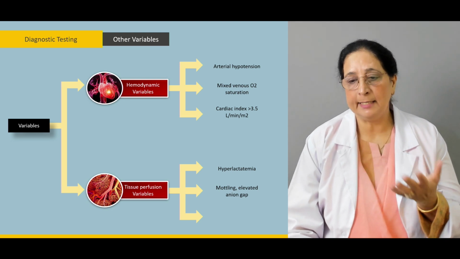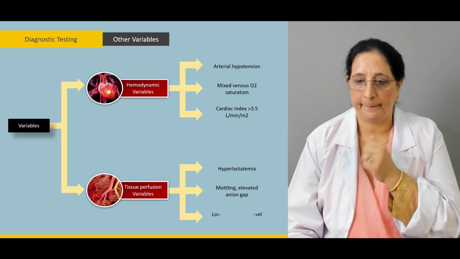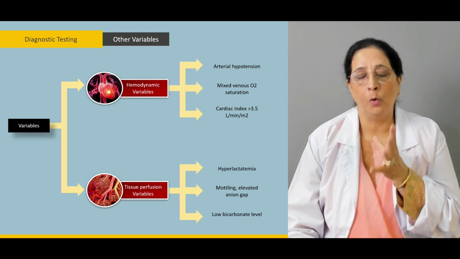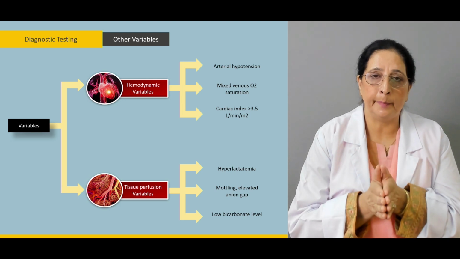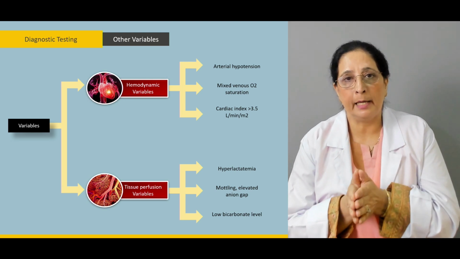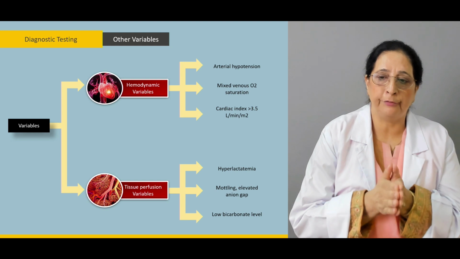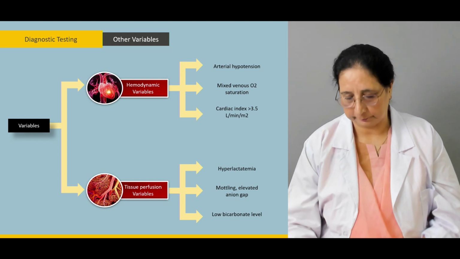Mottling, elevated anion gap, and there is low bicarbonate level. So these are some other variables. We have hemodynamic variables and tissue perfusion variables also.